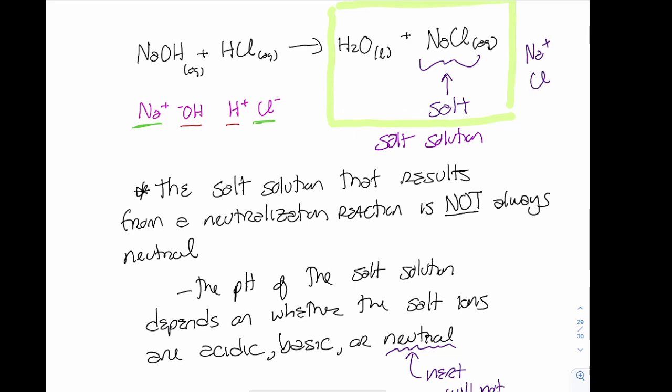And then chloride, that was the conjugate base of a strong acid. And we said that the conjugate bases of strong acids were inert. They were not reactive. They're not basic. They're not going to accept a proton and go back. HCl is completely ionized. Cl- then is going to be an inert ion. So in this case, my salt solution actually would be neutral.